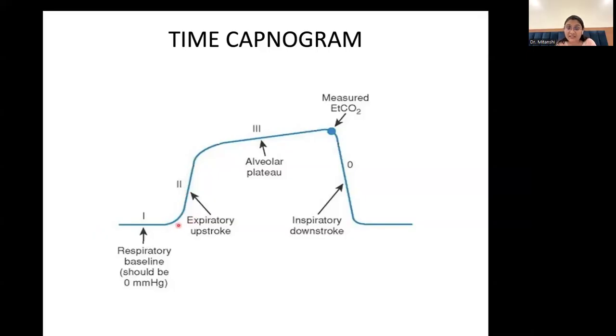Then the second phase of my capnograph starts. The second phase has the expiratory upstroke. Expiratory upstroke has my dead space, the dead space that we talked about earlier in my PPT. The dead space gases, let me show you.